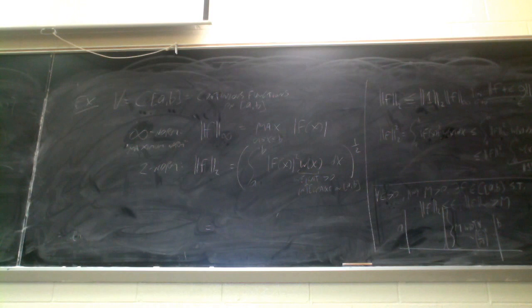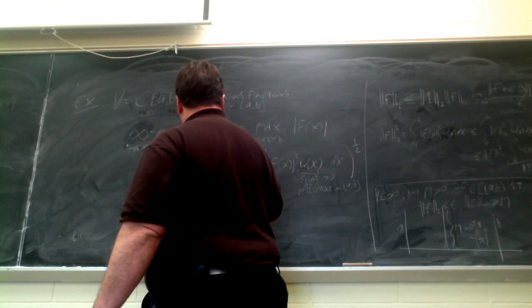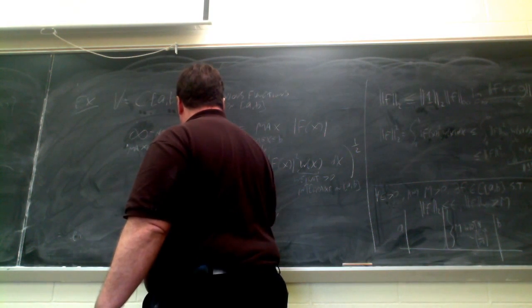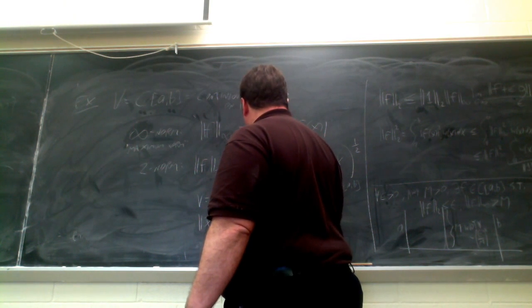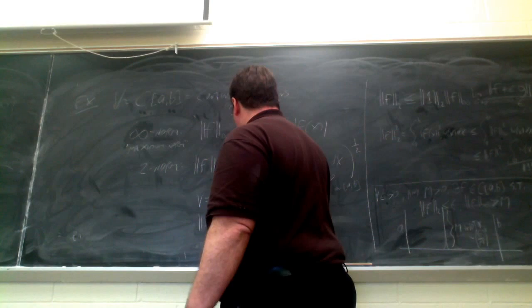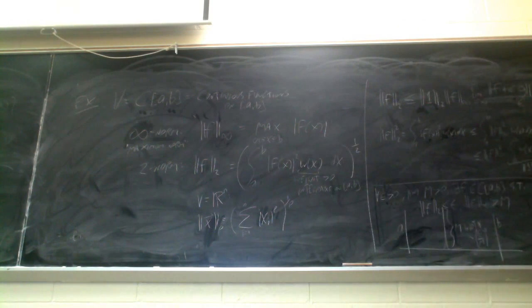This is easier to see in terms of norms of not functions but ordinary vectors in R^n. For example, if your vector space is R^n, then the norm of a vector x, called a p-norm, is: you take the components, raise them to the pth power, sum them up, and raise the sum to the 1 over p power.